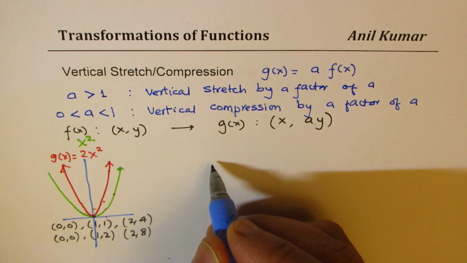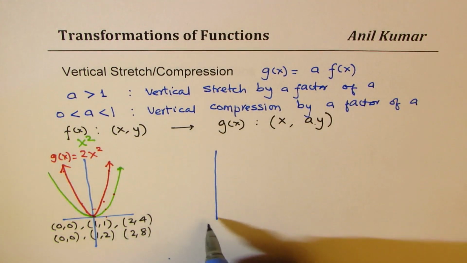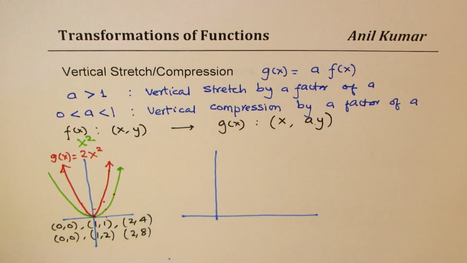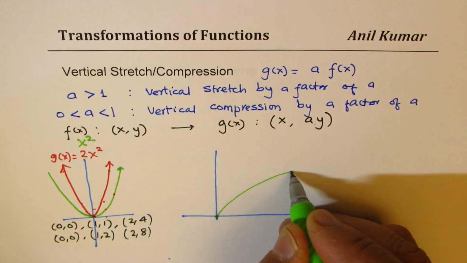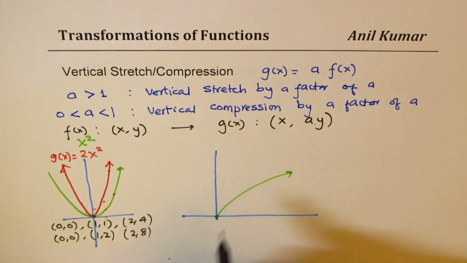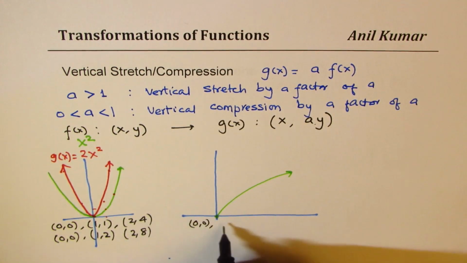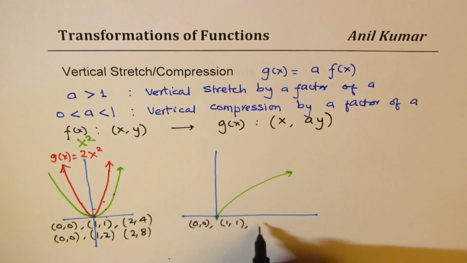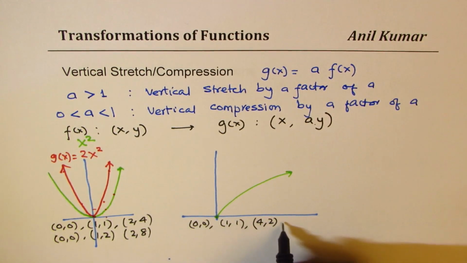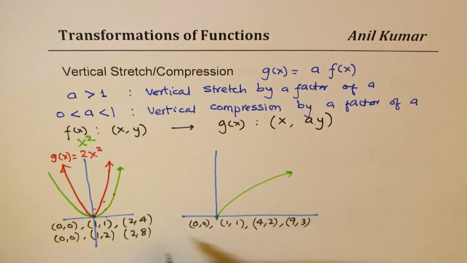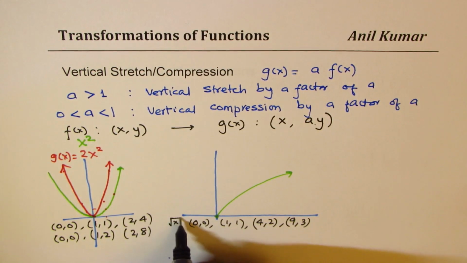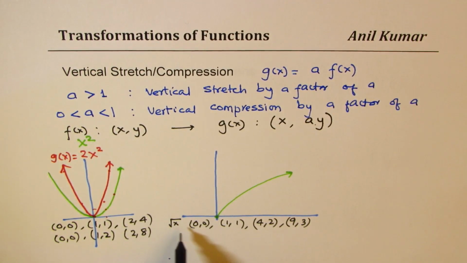Let's do it once again for the square root function. So let us say this is the square root function where we have points like 0, 0, 1, 1, 4, square root of 4 is 2, and square root of 9 is 3, like this. Let's say these are the points on square root of x. Now, the points on 2 times square root of x, which is the transformed function, will have y values multiplied by 2.